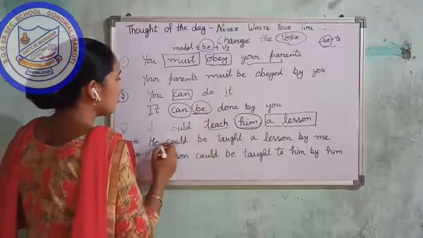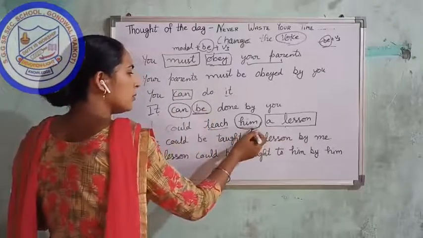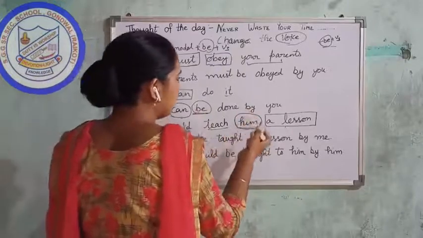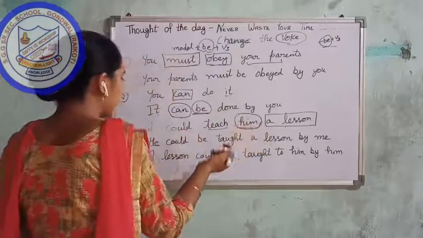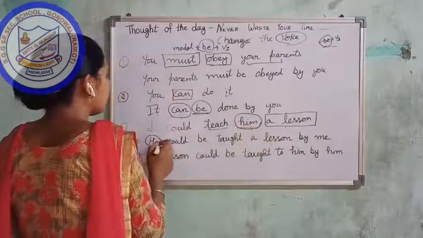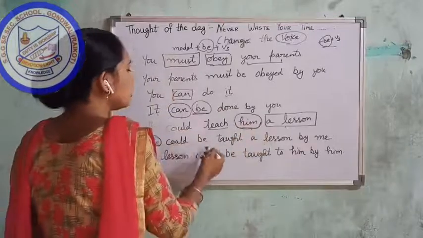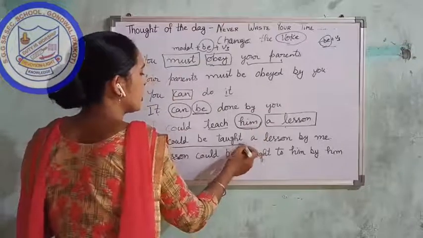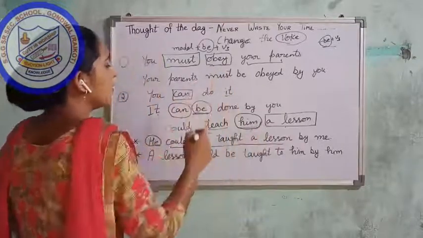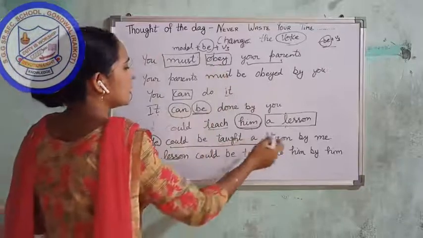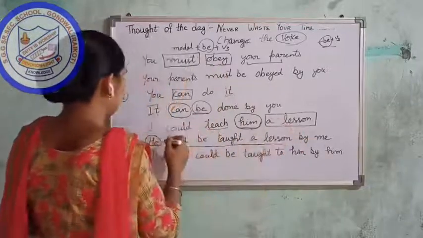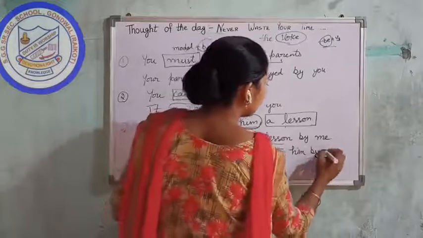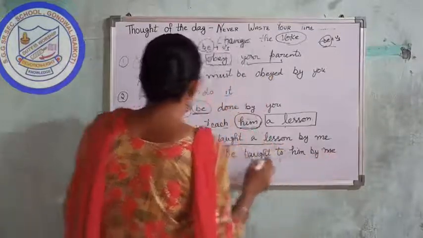The first one, we will pick out the first object, the indirect object, as the subject of the passive voice. He could be, the rest of the sentence is the same as the auxiliary verb, and then put by me.